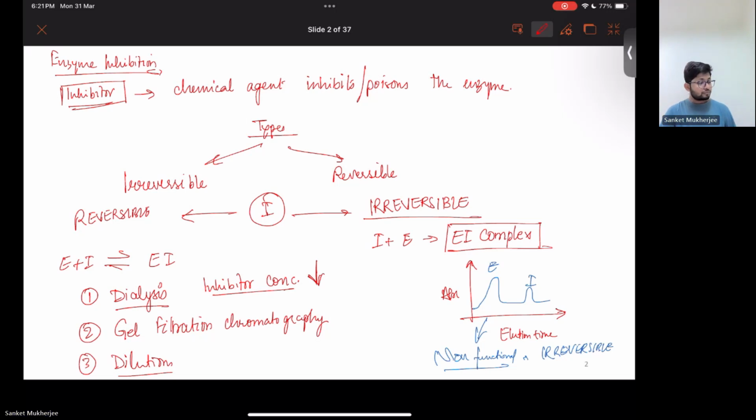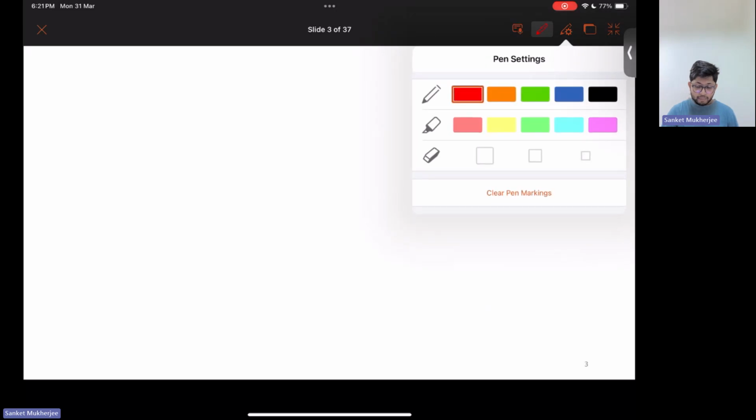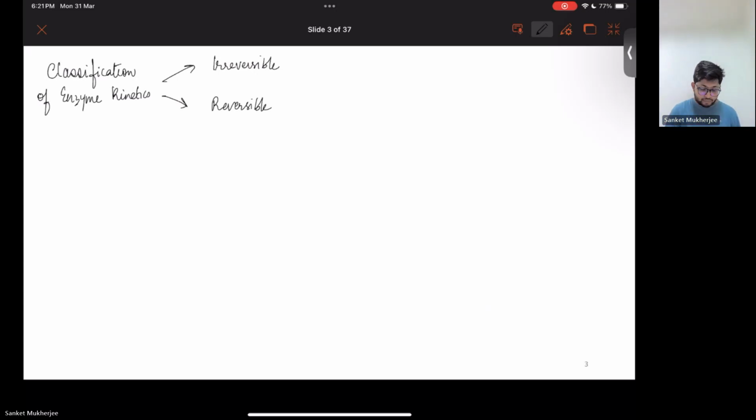So again, talking about the classification of enzyme kinetics, it could be irreversible or reversible. We already know that. So enzyme plus inhibitor can form different kinds of bonds.